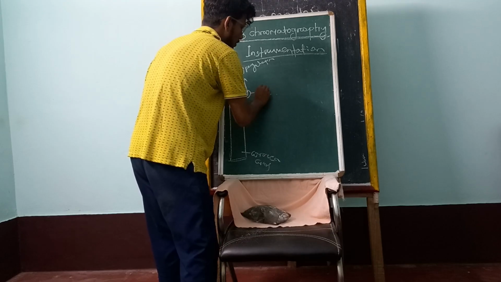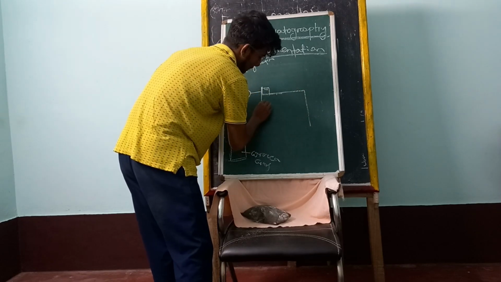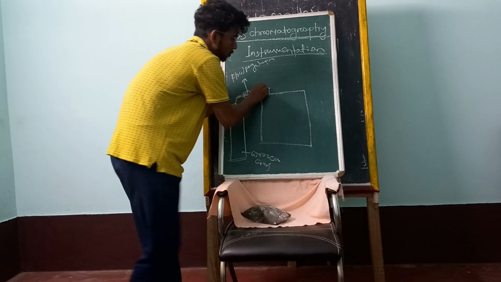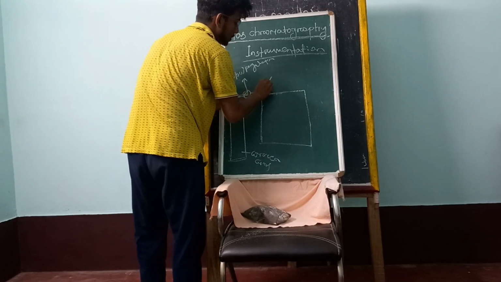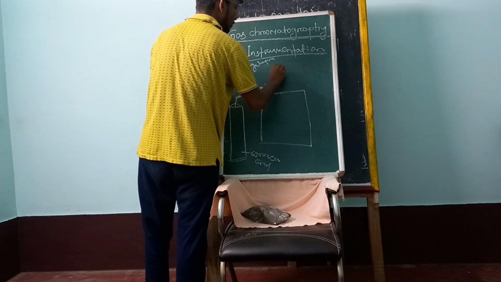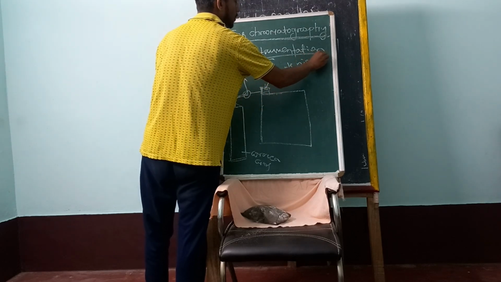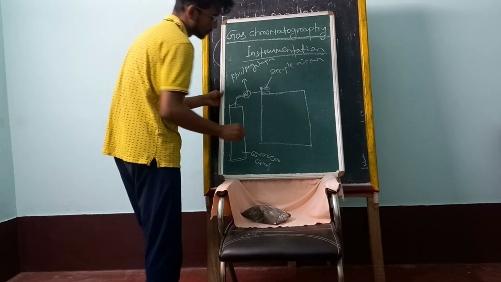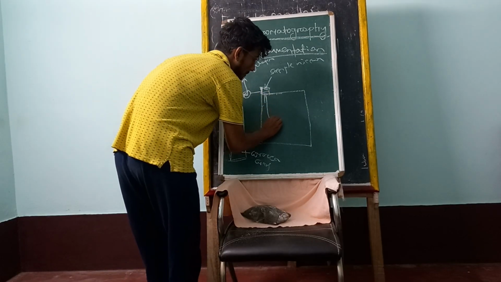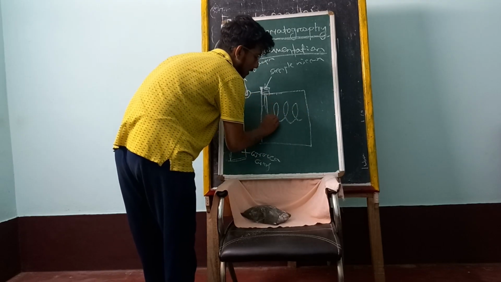This part we call the sample injector, this small square which injects the sample, and then the sample is injected into the column like this.